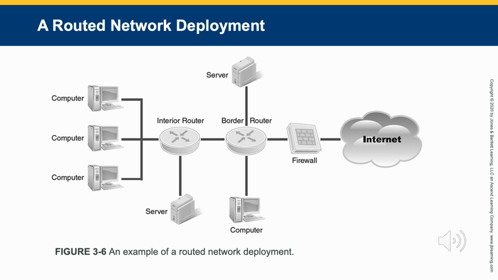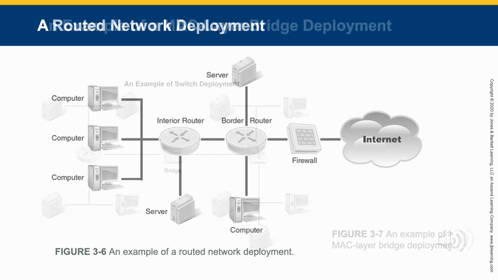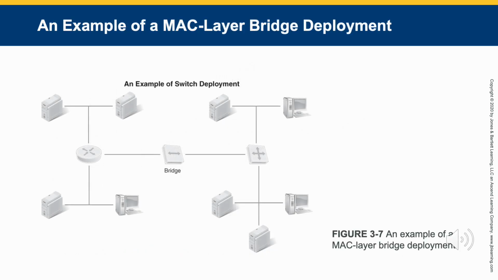A routed network deployment. As you can see here, the layer 3 devices that segment the network into collision domains are the interior router, the border router, and the firewall. And that's the path to get to the internet, or from the internet to get to the interior. Here's an example of a MAC layer bridge deployment.